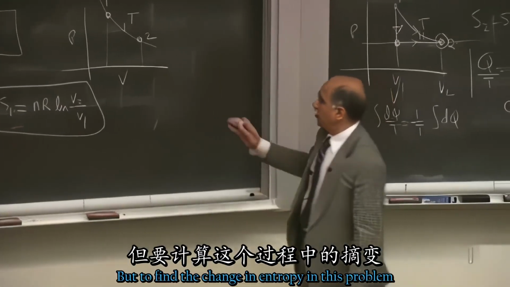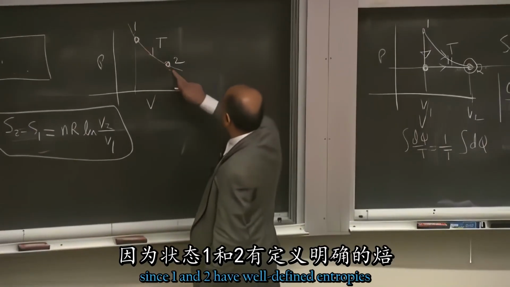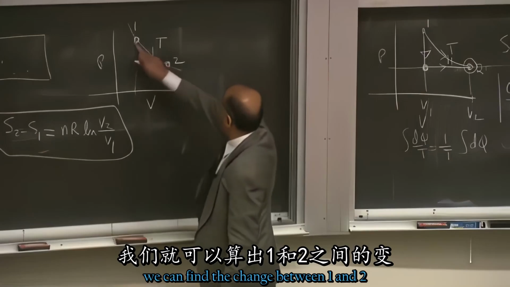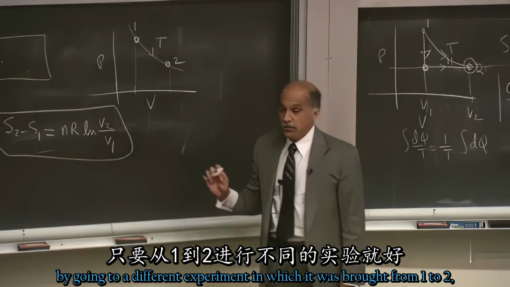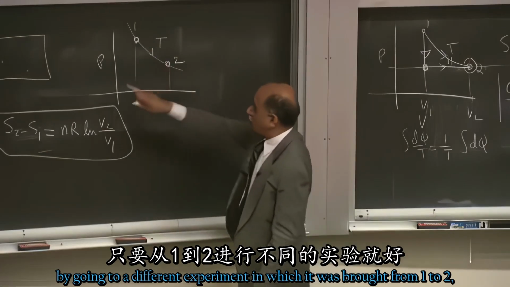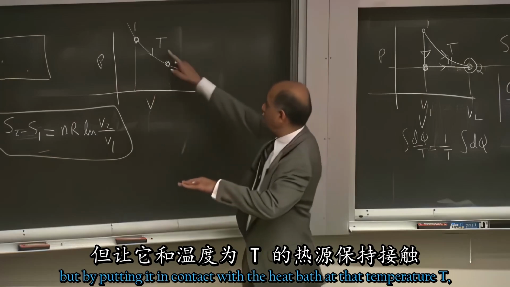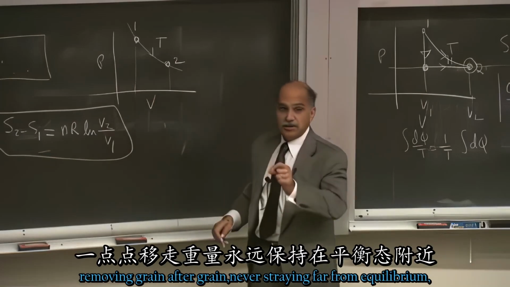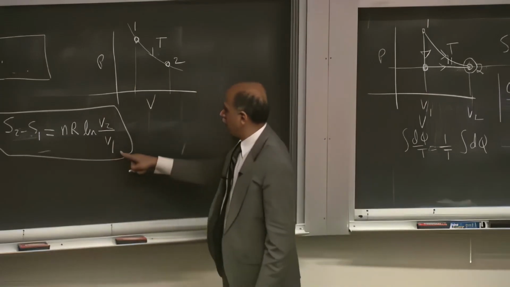But to find the change in entropy, since 1 and 2 have well-defined entropies, we can find the change between 1 and 2 by going to a different experiment in which it was brought from 1 to 2, not in this crazy irreversible way, but by putting it in contact with the heat bath at that temperature T, removing grain after grain, never straying far from equilibrium. That's when we find this change.